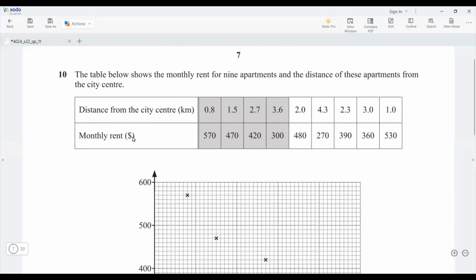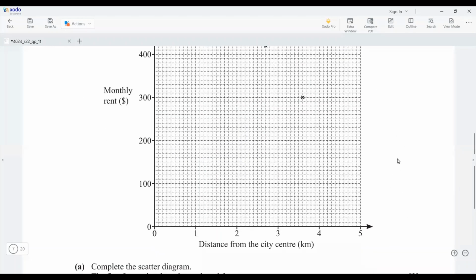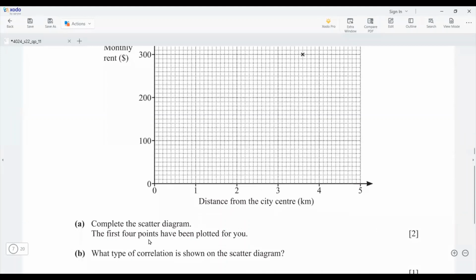And in the second row, monthly rents are given accordingly for each and every data point. Some of the values are plotted here. We have to complete the scatter diagram. The first 4 points have been plotted, and we have to plot the other points.